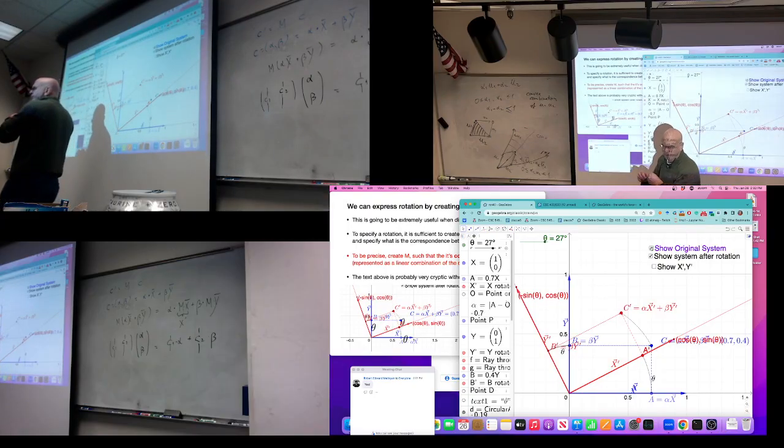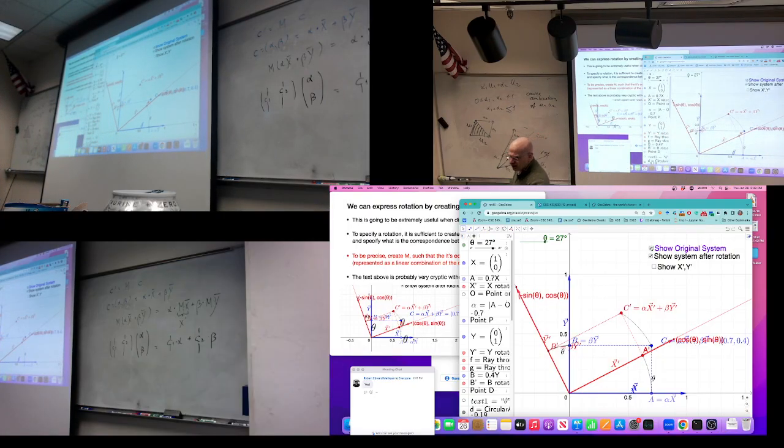It's always a possibility, but it will be unpleasant. It would be much easier to just figure out what the vectors in each direction are, and now that I know them, let me write them as column vectors. Let's write a matrix of these column vectors, and that does the trick for me. That's a rotation.